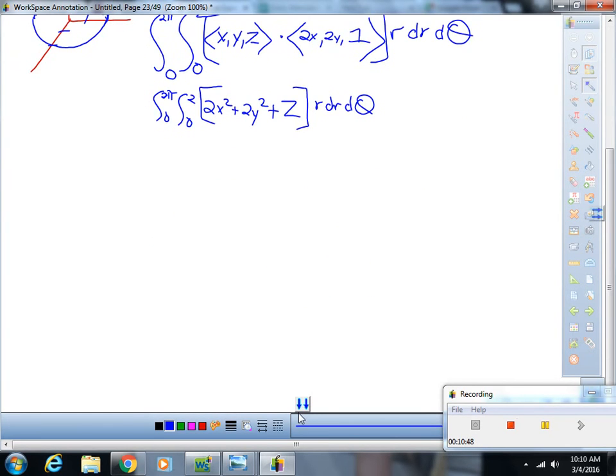Well, integral from 0 to 2 pi, integral from 0 to 2, of 2 times what? r squared. What does z equal? 4 minus r squared minus 1. So isn't that just 4 minus r squared? Right?